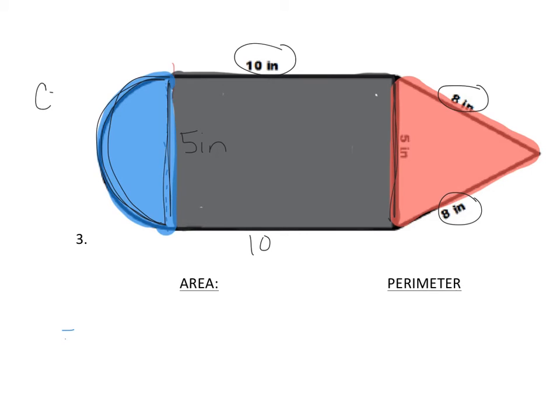So I'm going to use circumference, I'll write it down here. Circumference equals pi times 5. So 3.14 times 5 gives you 15.7. And now I have to divide that by 2. So that's 7.85.